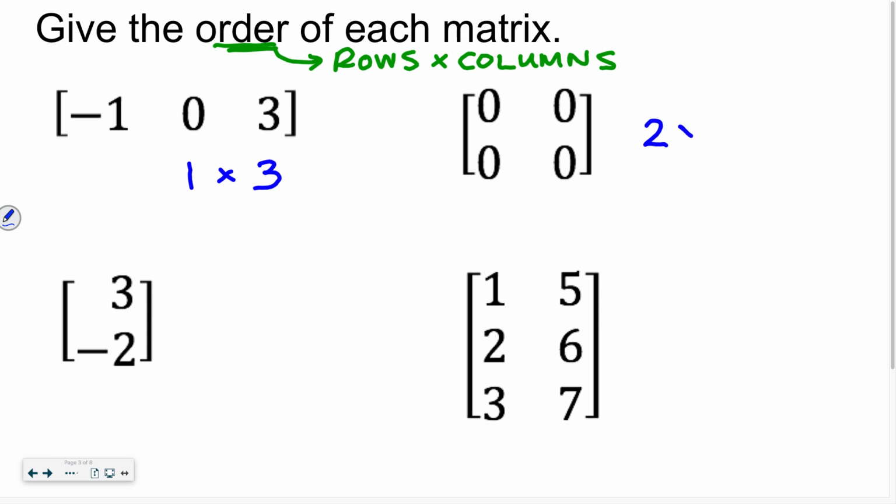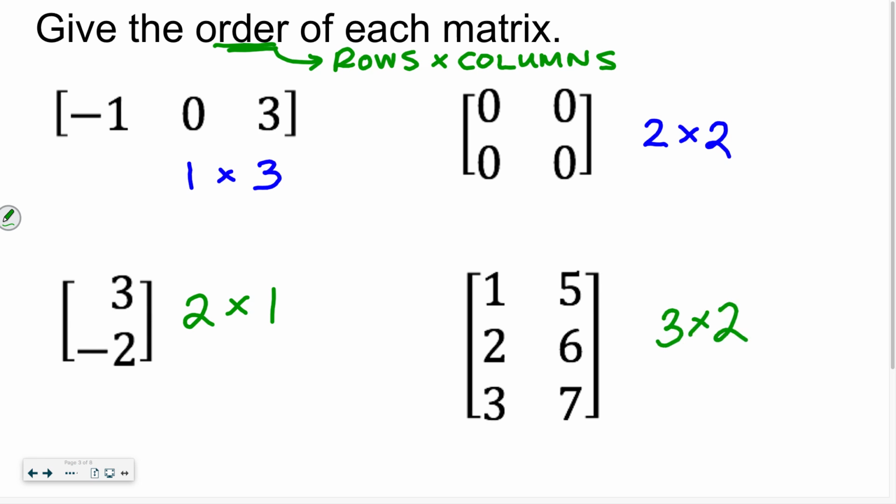Jet, what did you guys say for 3, negative 2? 2 rows and 1 column. 2 by 1. And Noah, what did you say for the last one? 3 by 2.